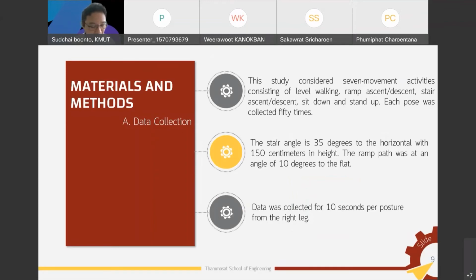The stair angle is 55 degrees to the horizontal with 150 centimeters in height. The ramp was at an angle of 10 degrees to the flat. Data was selected for 10 seconds per posture from the right leg.